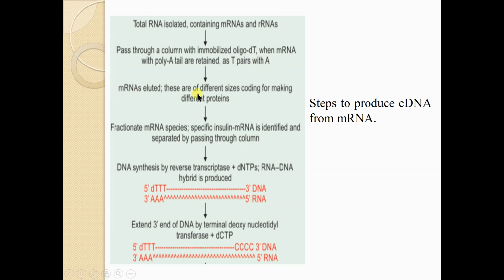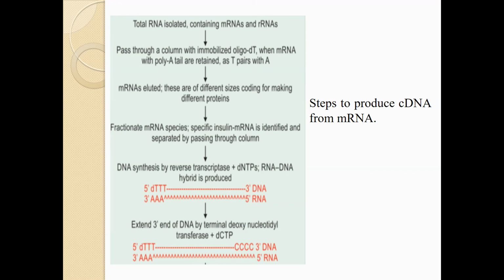So now we have collected the whole mRNA from the cell, and these mRNAs are of different sizes. This is the whole cell mRNA, which may contain the mRNA for growth hormone synthesis, insulin synthesis, and other enzyme synthesis.